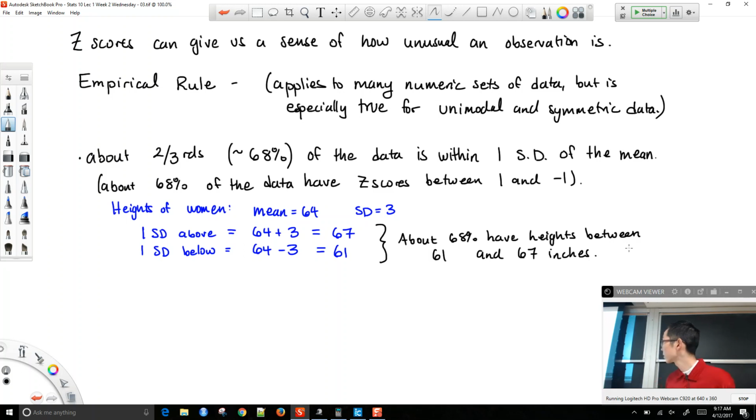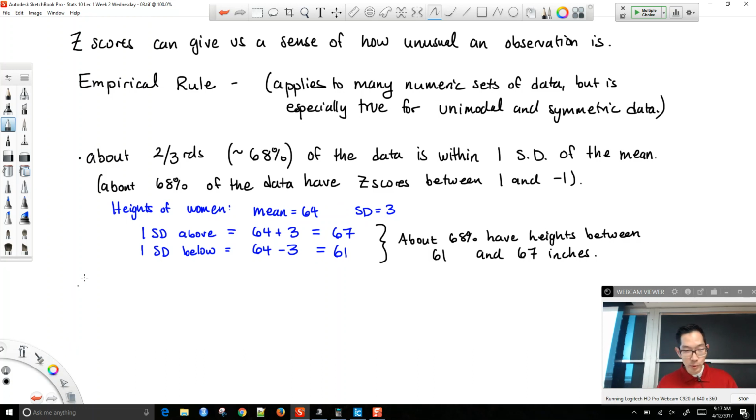So that's what? 5'1" and 5'7". We're saying about 2/3 of women, something around there, heights between 5'1" and 5'7". Okay, and again, these are just guidelines based on rounded numbers, so don't take it too literally here. Okay, so this is one part of the empirical rule.